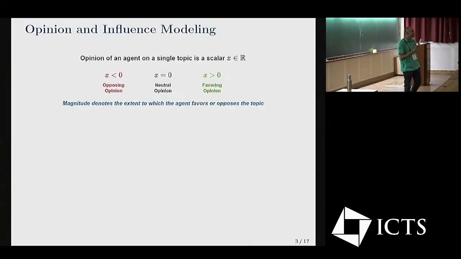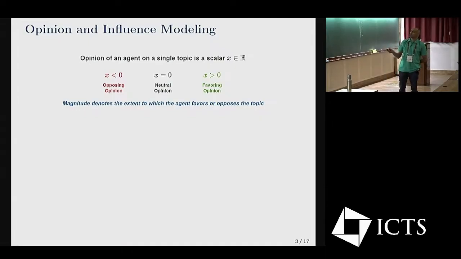Of course, there were a couple of talks, at least one yesterday, on voter models and so on. But in this talk, I'm not going to talk about discrete opinions or discrete choices in that sense. Rather, we are going to think about opinions in a continuous sense. So these opinions belong to the real numbers, essentially.